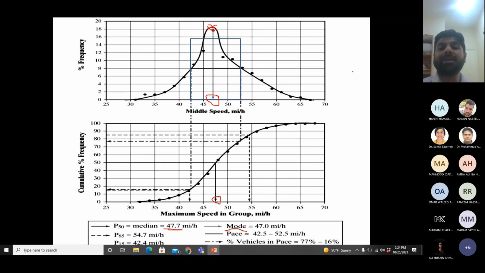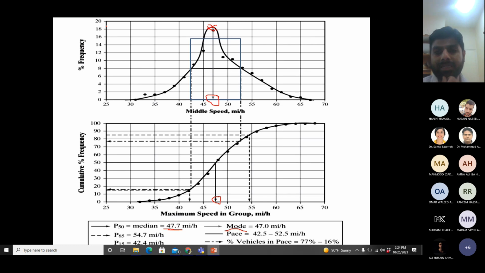Again, a common mistake is that students locate the highest frequency point and then find the value of mode from the y-axis. Mode is a speed, the speed which has the highest frequency. The speeds are given on the x-axis, so find the value from the x-axis, not the y-axis.